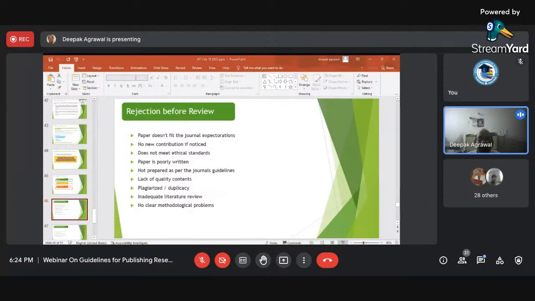What are the reasons for rejection before review? Number 1, the paper doesn't fit the general expectation. They have their own standards. They have their own norms. If I want to get my paper published in the Journal of Finance, which has a global ranking of 1, it is a USA-based journal. So my paper must come with a real outcome.